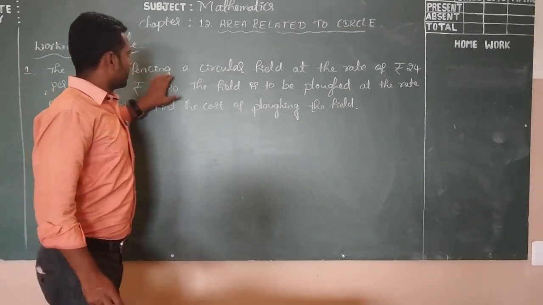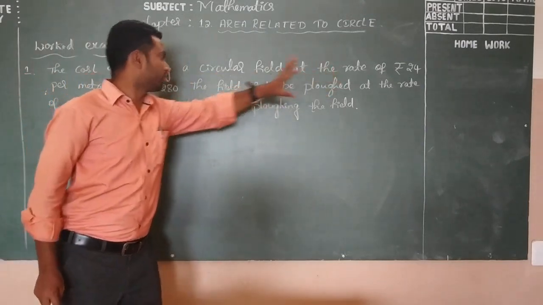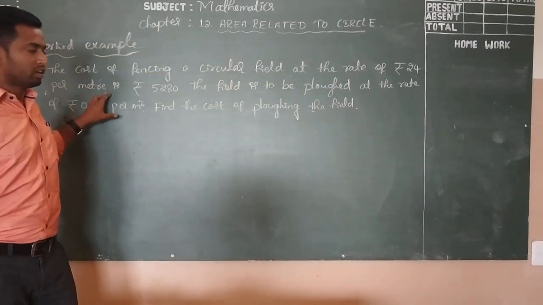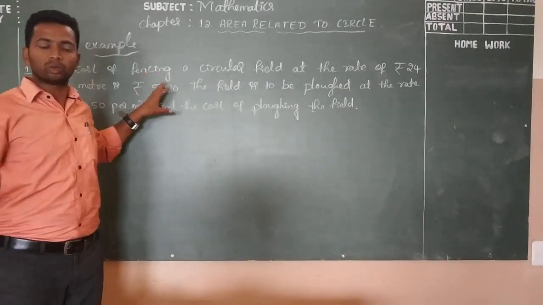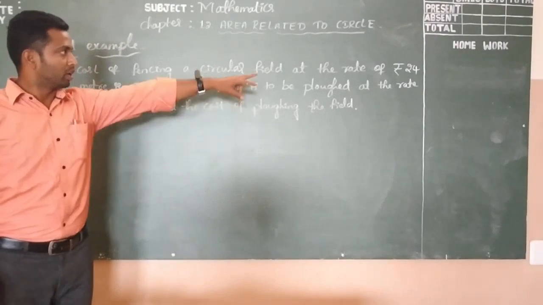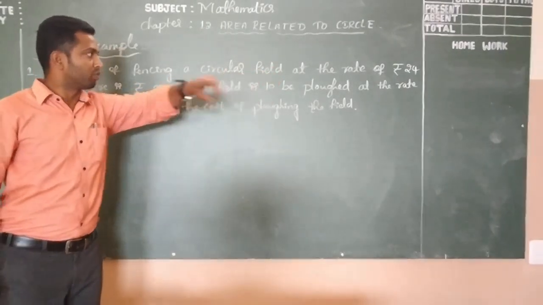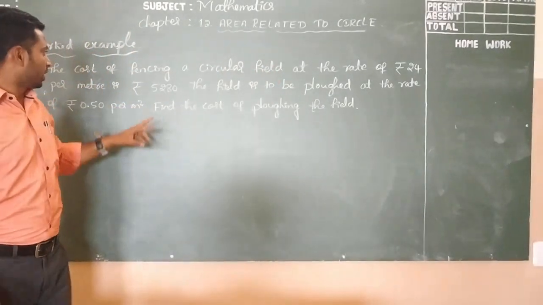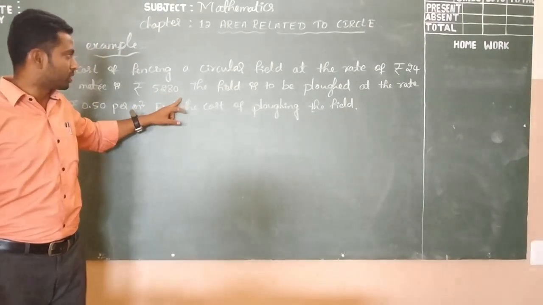The cost of fencing a circular field at the rate of 24 rupees per meter is 5,280 rupees. That means to fence one meter requires 24 rupees, and to fence the entire field requires 5,280 rupees.